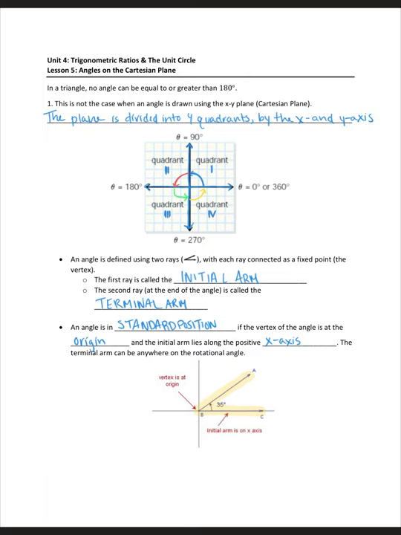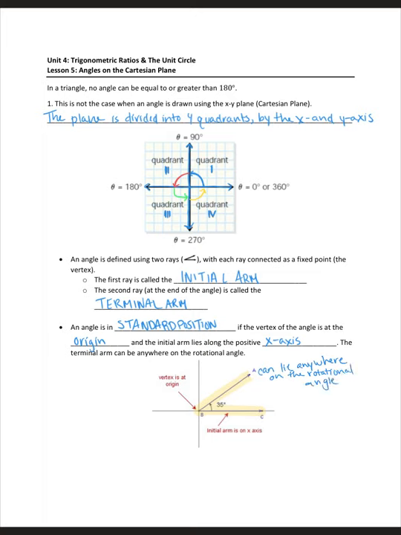Okay, and this second ray, or the terminal arm, can lie anywhere on the rotational angle.